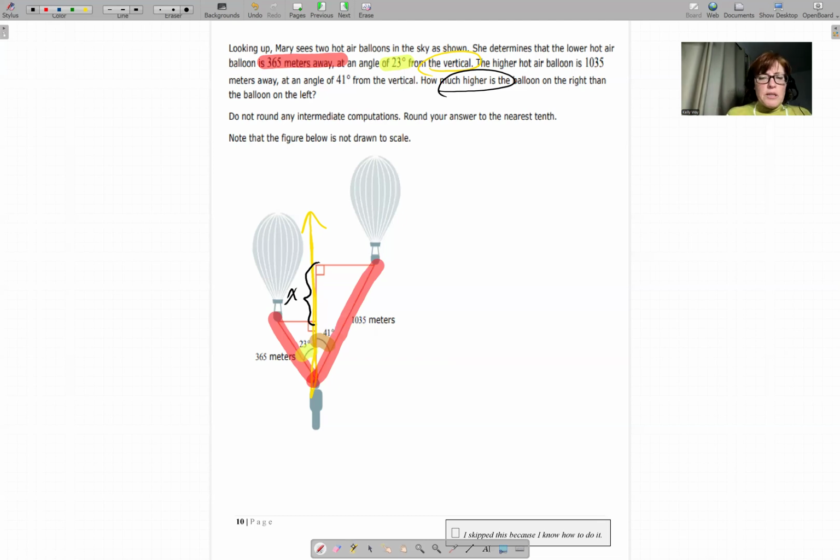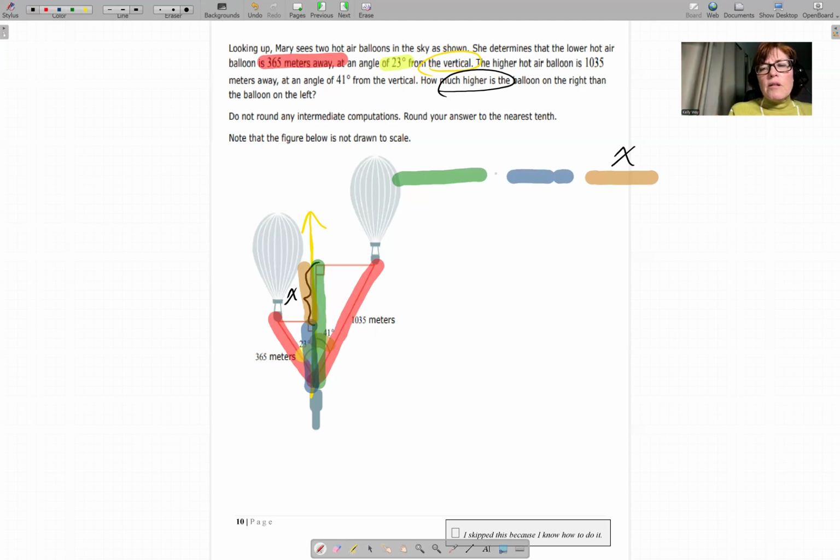Now, it's really simple to find that distance x. If we find the green and we find the blue, to find distance x, you simply subtract. So our distance x is going to be that longer green distance, let me just color code that for you, minus that shorter blue distance.